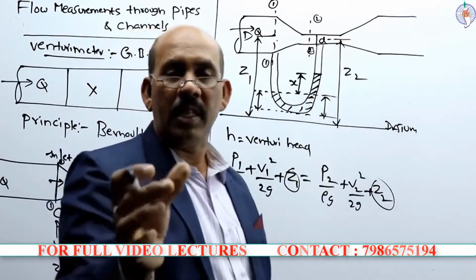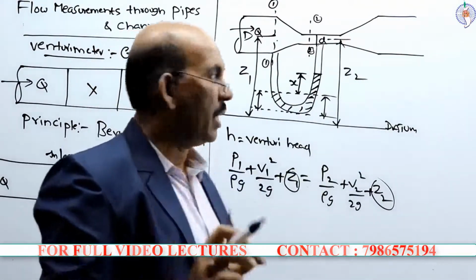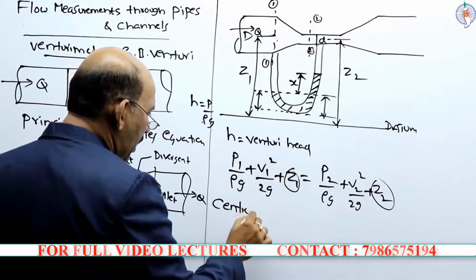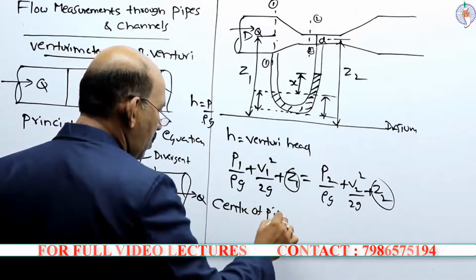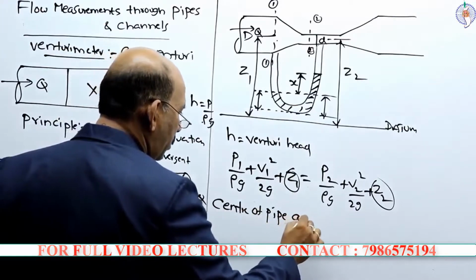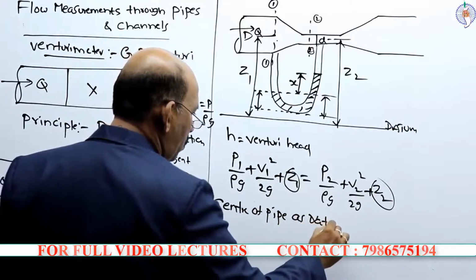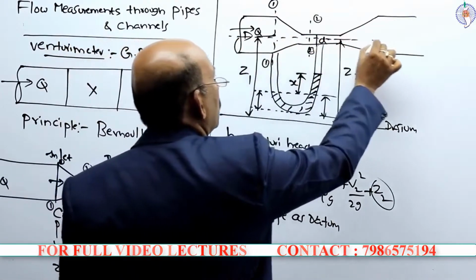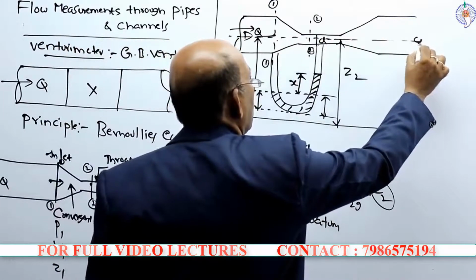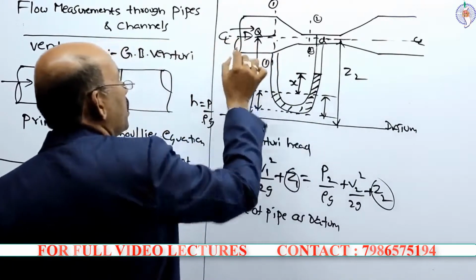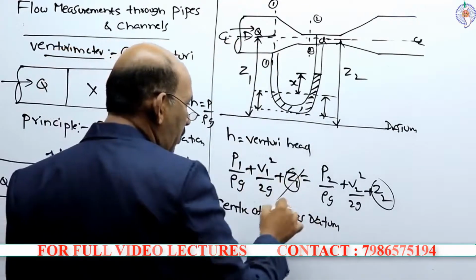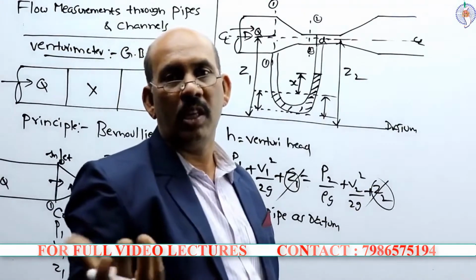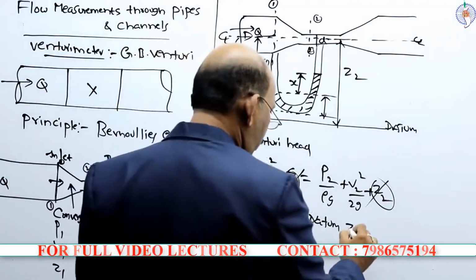So these are the datum heads, and if I consider the center of the pipe as datum, this center line as the datum, then this Z1, Z2 will get cancelled because Z1 is equal to Z2 is equal to 0.